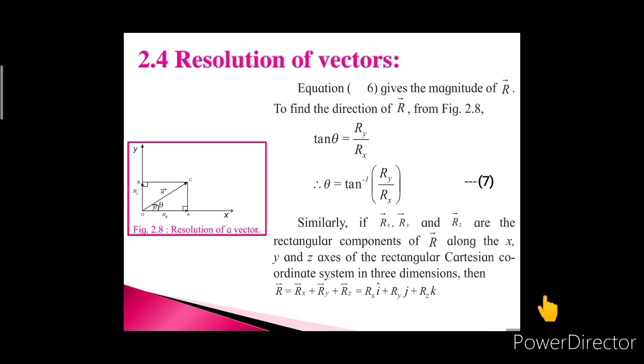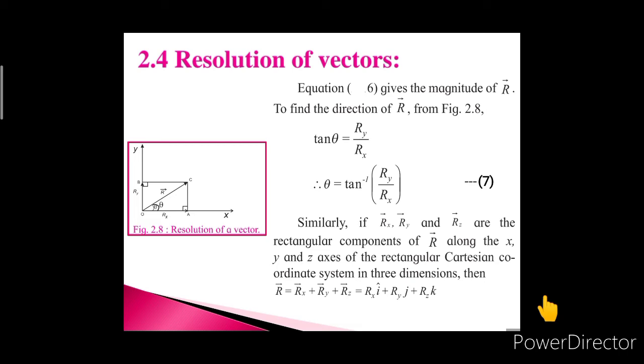So, these rx vector, ry vector and rz vector are also the rectangular components of vector r along the x, y and z axis of the rectangular Cartesian coordinate system in 3 dimensions, where x, y and z axis are mutually perpendicular to each other.